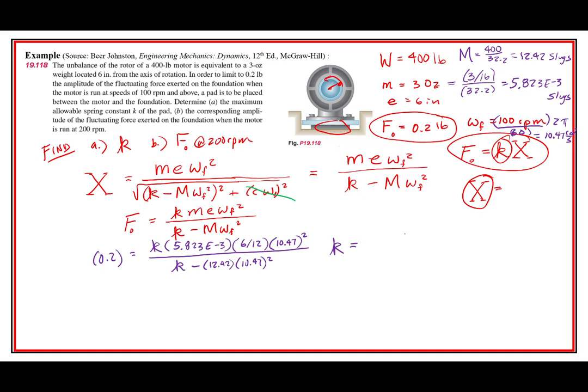Oh, got to be careful with that same concept as in the previous problem. It's really important to think about whether we're going to be in phase or out of phase. It would be impossible to get a negative value for stiffness, so don't go with something that's impossible. Recognize that this X could be negative. You can even think of this all the time as either plus or minus. If it's plus, it's in phase.